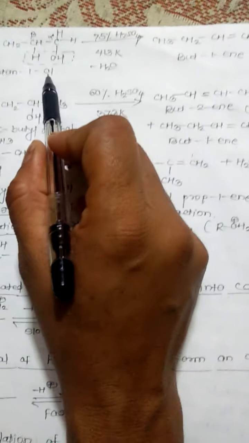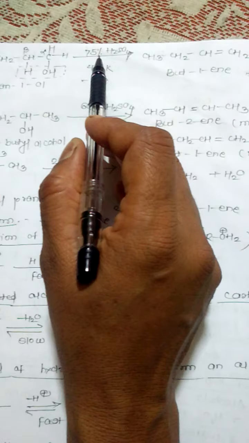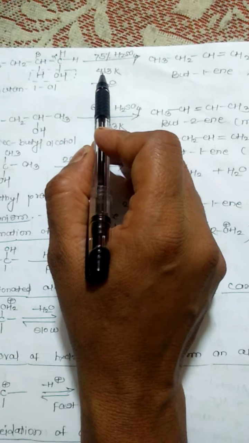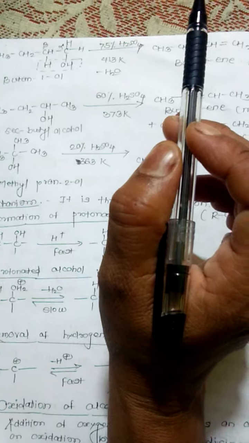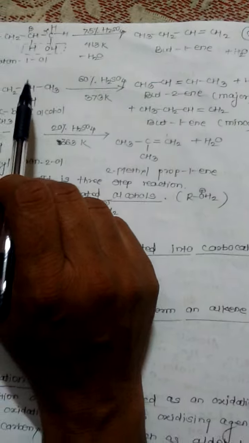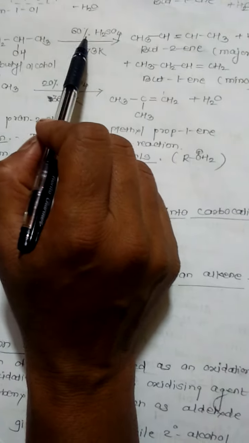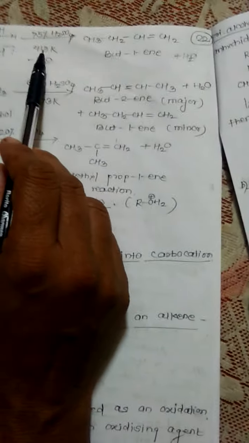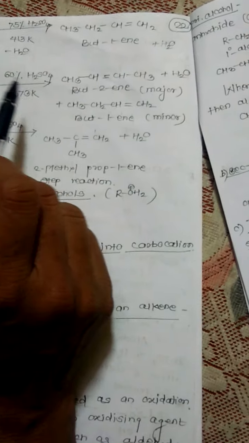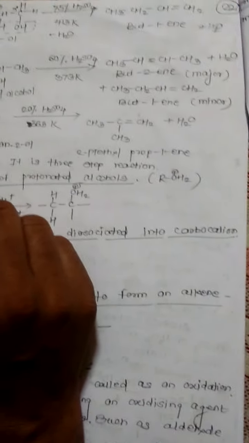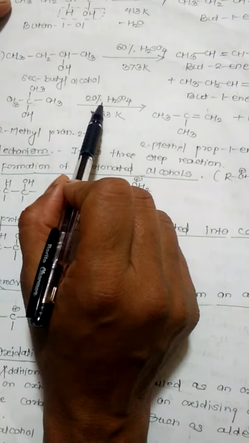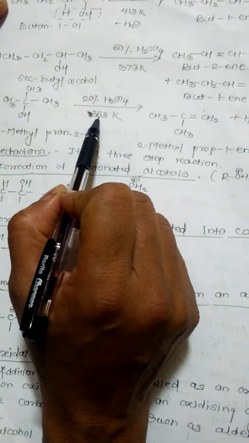This reaction indicates that primary alcohol is less reactive, so more concentrated H2SO4 and a high temperature, 443 Kelvin, is required. Secondary is more reactive than primary, so H2SO4 is 60% and the temperature is lower than this, that is 373 Kelvin, while tertiary alcohol is highly reactive, so dilute H2SO4 and a temperature of only 363 Kelvin is required.